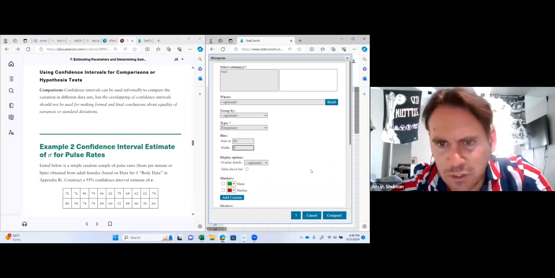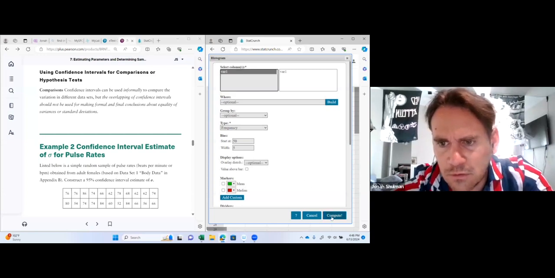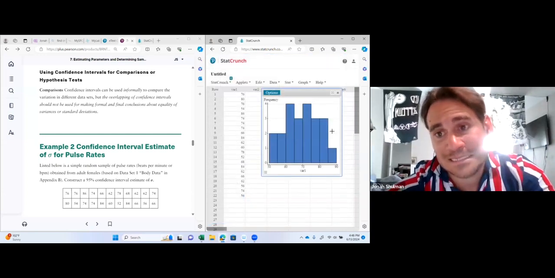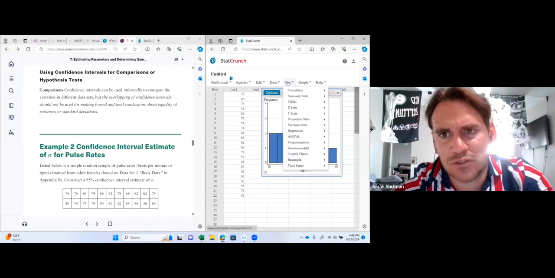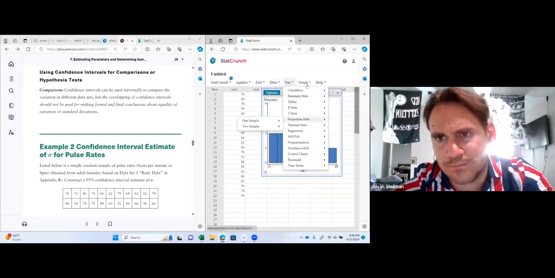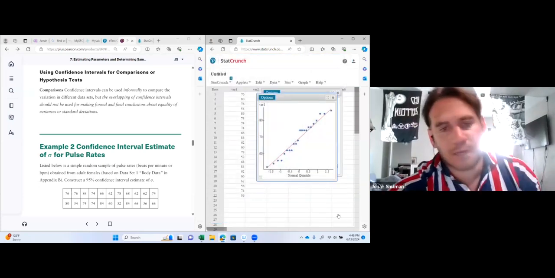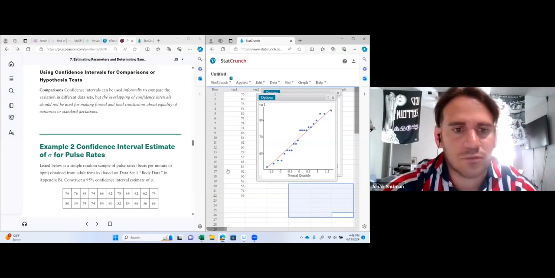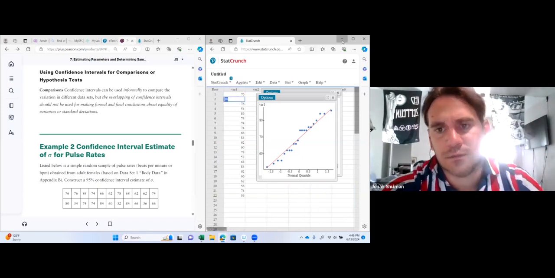So this should give me a good spread of what this looks like. It's pretty close. Not perfect, but it's pretty close to normally distributed. We can try the QQ. Yeah, I'm taking it. I'm going to say that this is pretty close to normally distributed. That's the first step.